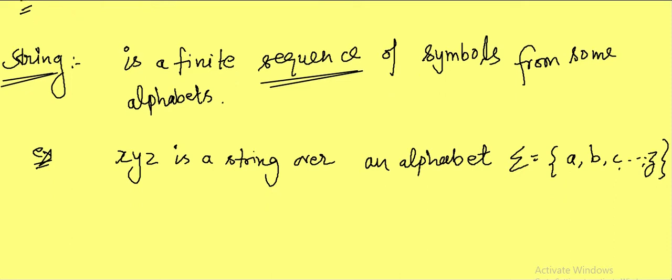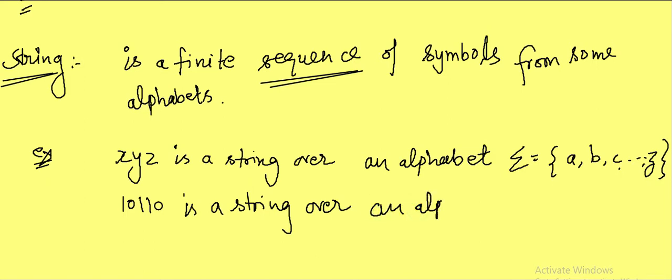Okay, and let me take another example. If we have this string 10110, it is a string over which alphabet? Over an alphabet containing 0 and 1, right?